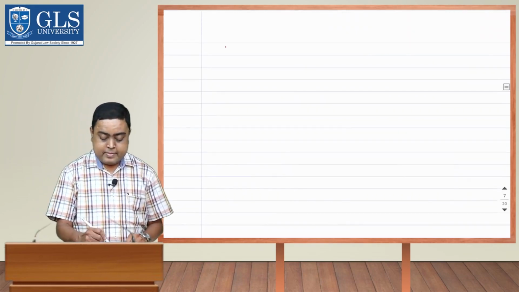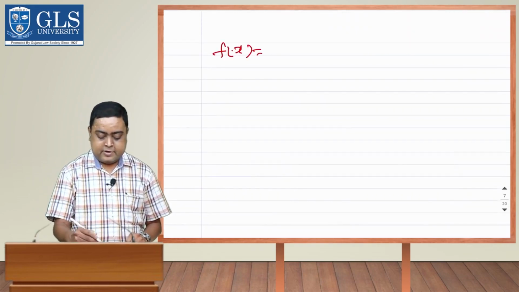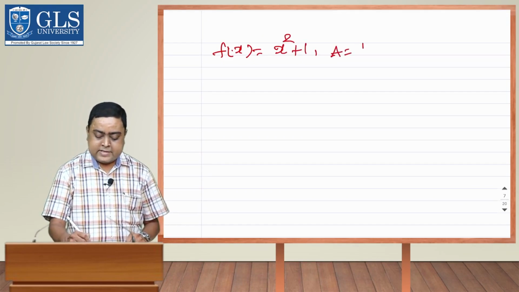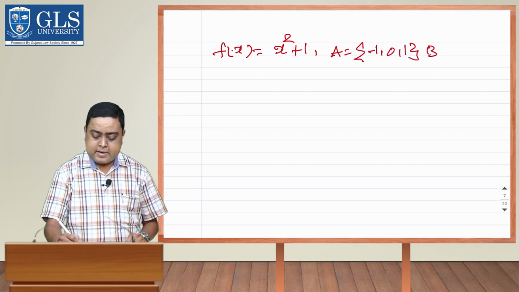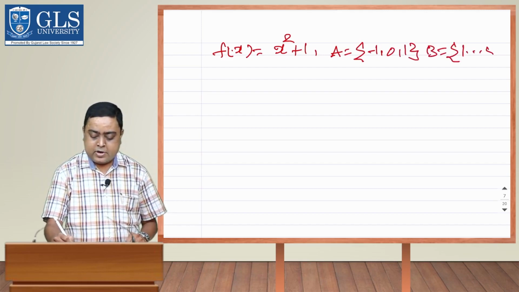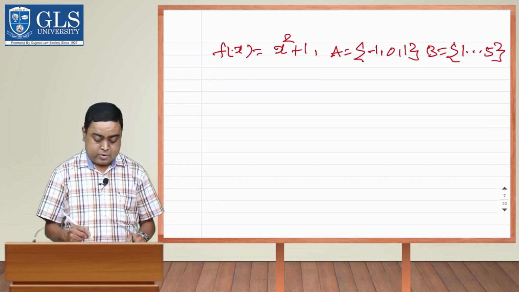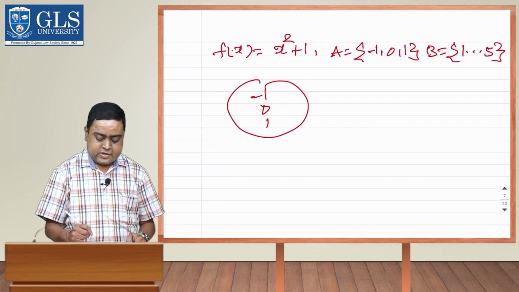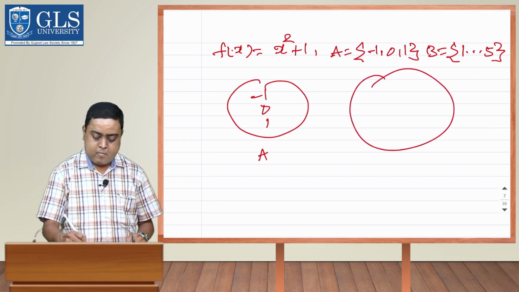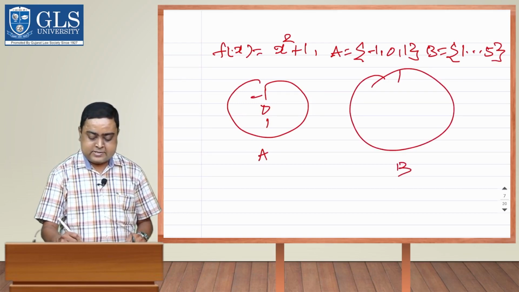We are given f(x) is equal to x square plus 1, set A is -1, 0, 1, and set B has elements 1, 2, 3, 4, 5.